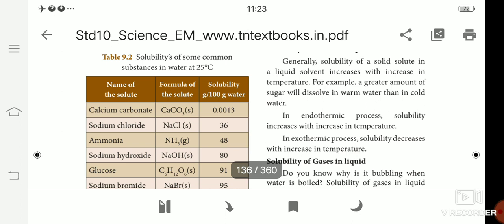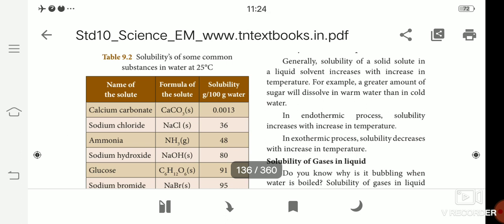Polar compounds are dissolved in polar solvents like water, whereas non-polar compounds are dissolved in non-polar solvents. So there are two kinds: polar compounds and non-polar compounds.